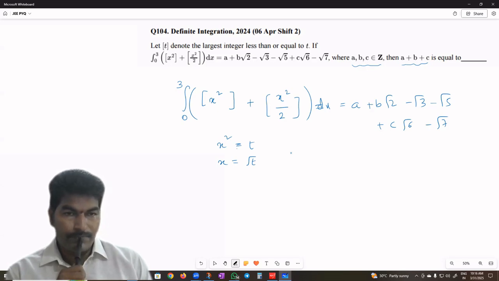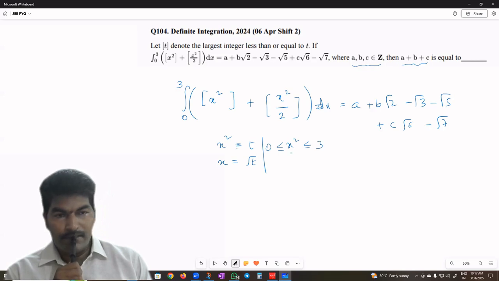Take a look at the limits also. x² lies from 0 to 3, so you can take square roots, like 0 less than or equal to [x²] less than or equal to √9.